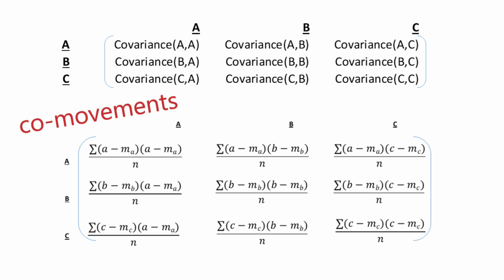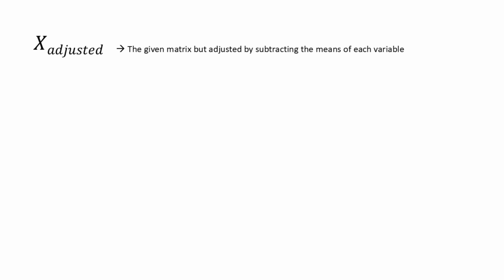So to start computing for this, let's work on the original data set, which we label as matrix X, and let's call matrix X adjusted as the matrix after adjusting all the data by their own means, meaning we create a new data set where we subtract the variable's mean from all the other numbers of that variable, and we do that for all of the variables, and we'll call that new matrix the mean-adjusted matrix.